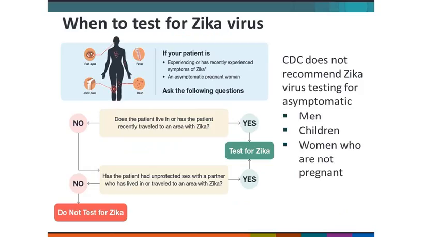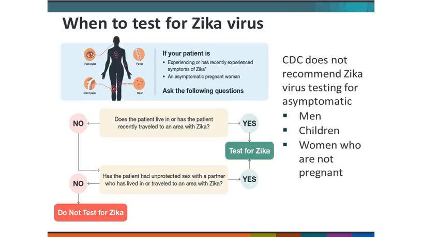So in terms of Zika testing, what we recommend currently at CDC is, if a patient is experiencing or has recently experienced symptoms of Zika, or if the patient is an asymptomatic pregnant woman, then we ask the following questions for screening. Does the patient live in or has the patient recently traveled to an area with Zika?